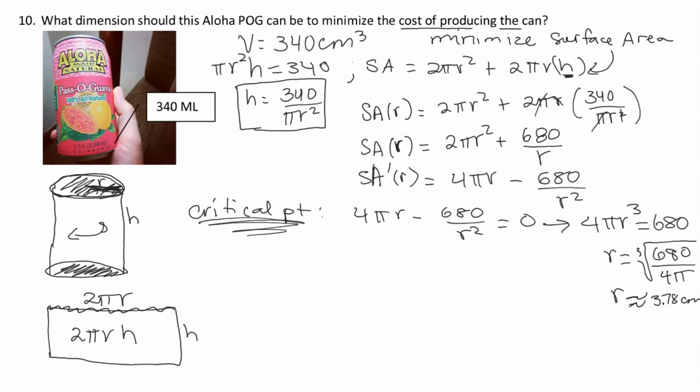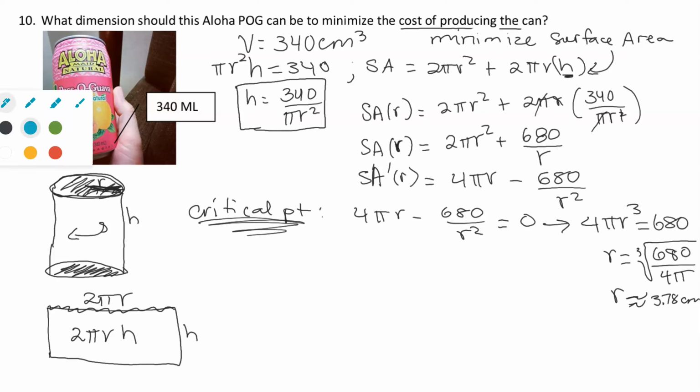Now we need to confirm that that critical point gives you a minimum. How do you do that? You find the second derivative. I'm going to use the second derivative test because in this problem it is easier. The second derivative is going to be 4 pi plus 2 times 680, which is 1360, over R cubed.